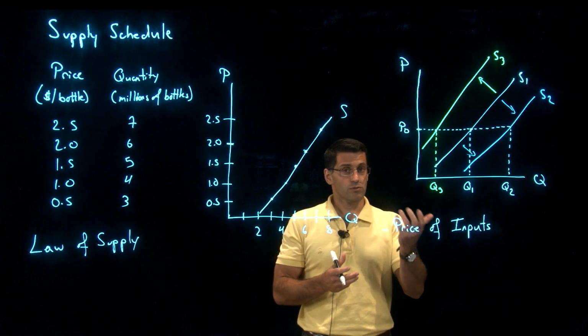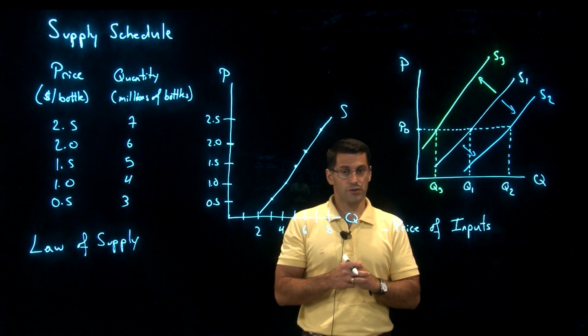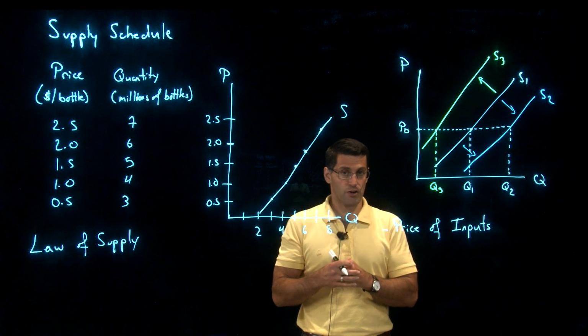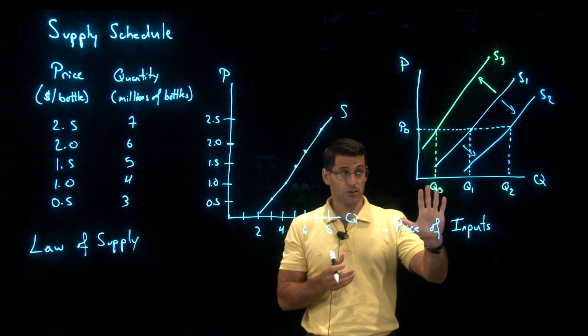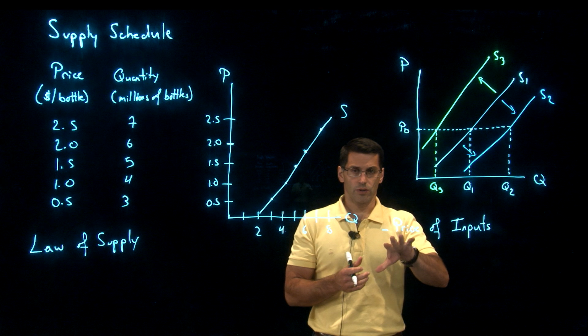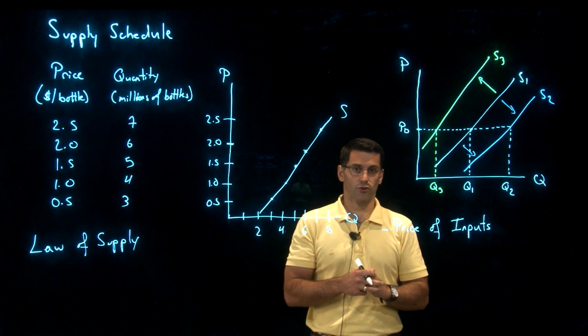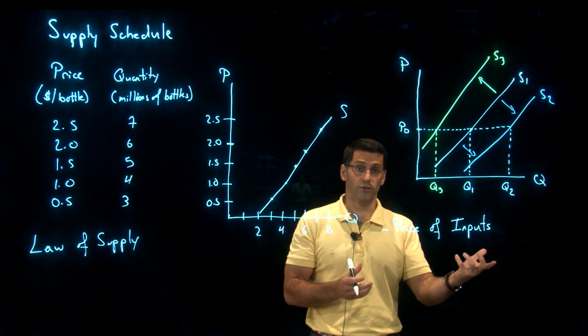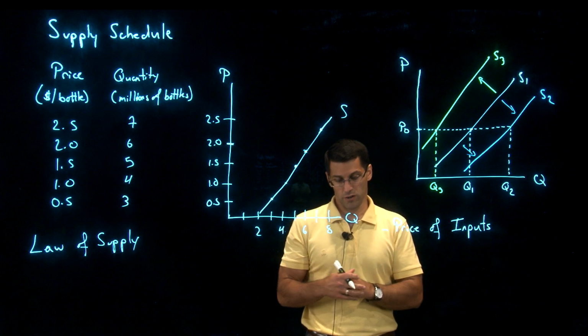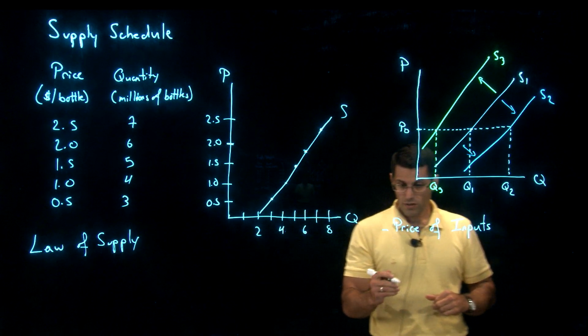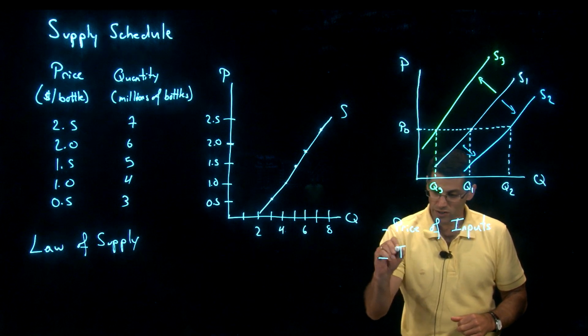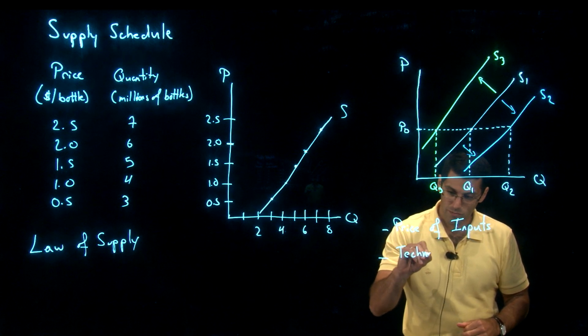We could also think about how different government interventions in a market might affect, not just directly affect the market, like a price control that we'll talk about in the future, but what if it affects, say, the price of inputs? So there might be some indirect effect on a market that way. Another major factor is technological change.